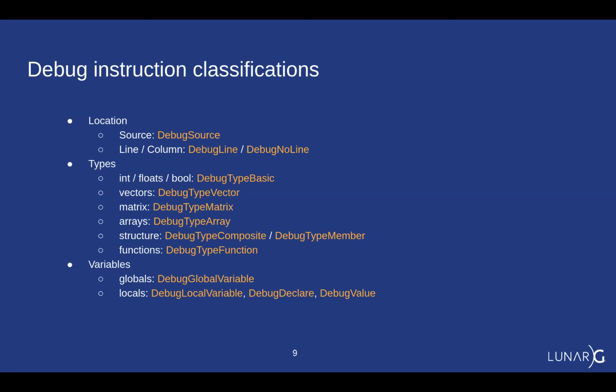Functions are straightforward. Variables: there are 2 kinds, global variables and local variables. Local variables, just because they have a different lifespan, have 2 additional instructions, debug declare and debug value, and they more or less do exactly what they sound like. Debug declare defines the point of declaration, and debug value represents a changing of the value of the variable.